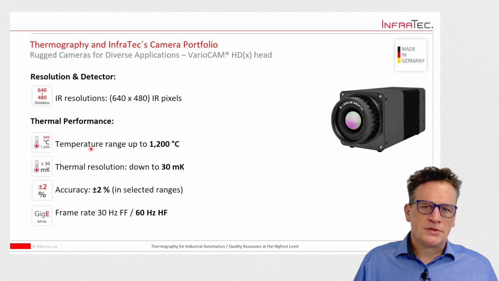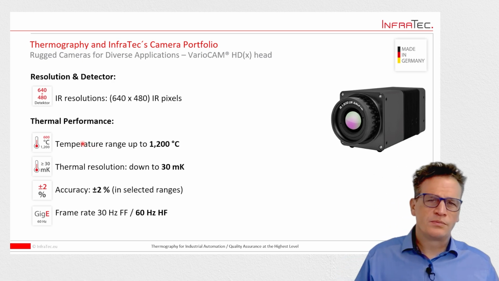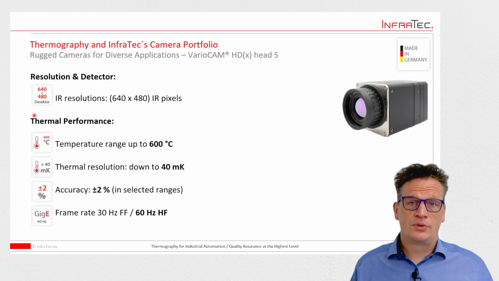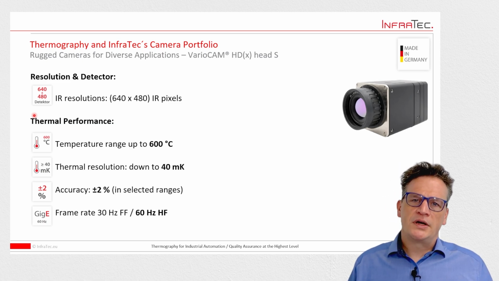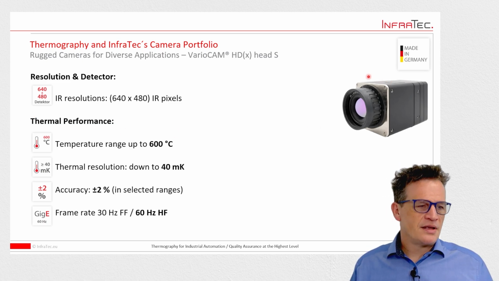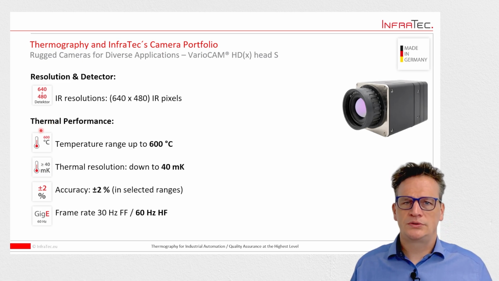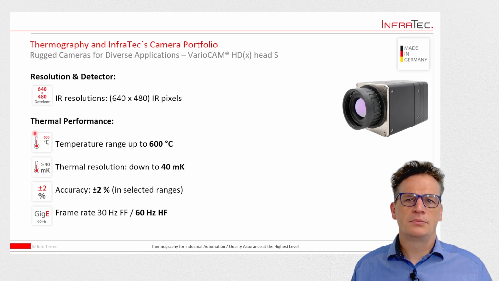This version is also interesting for OEMs or integrators looking for a balance between performance and costs. If the size is important and the flexibility is not so necessary, we could advise the VarioCam HDX Head S. The series is a great option for those needing a compact, robust and reliable camera.